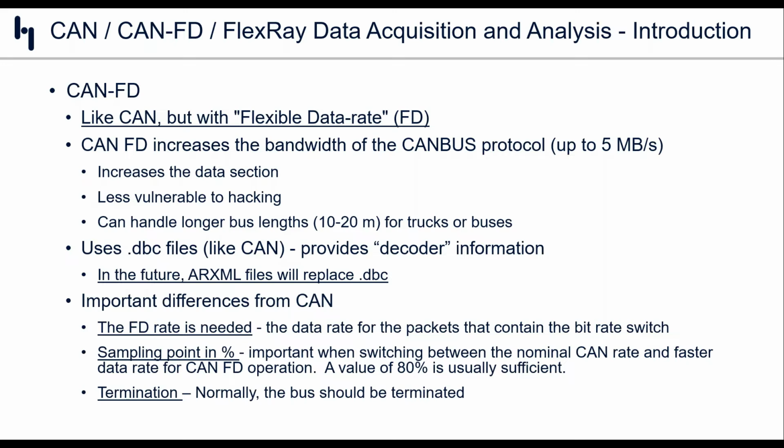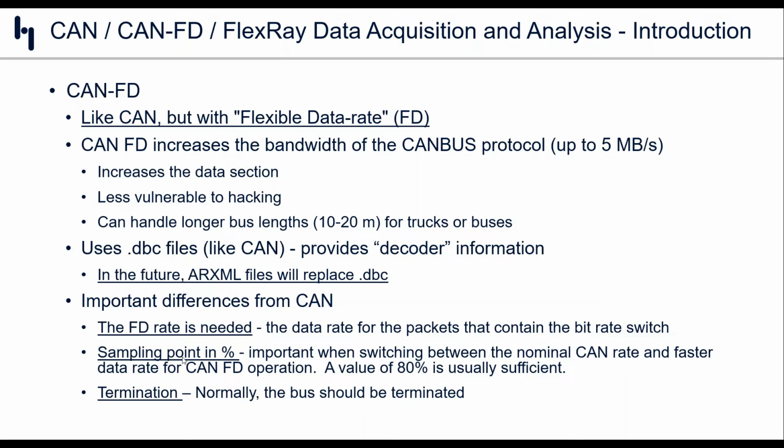So some important differences from CAN. The CAN-FD rate is needed. This is the data rate for the packets that contain the bit rate switch. So within a data packet, it says what the data coming in is being provided at. There's also a sampling point and percentage.